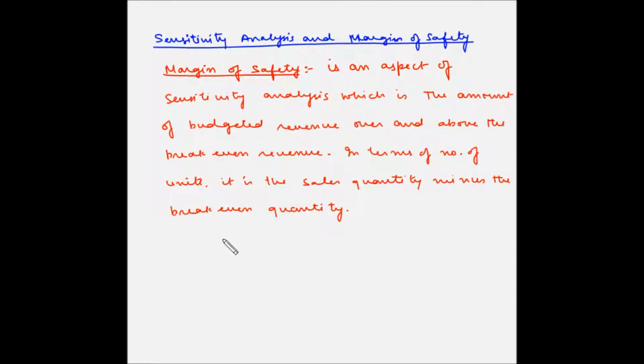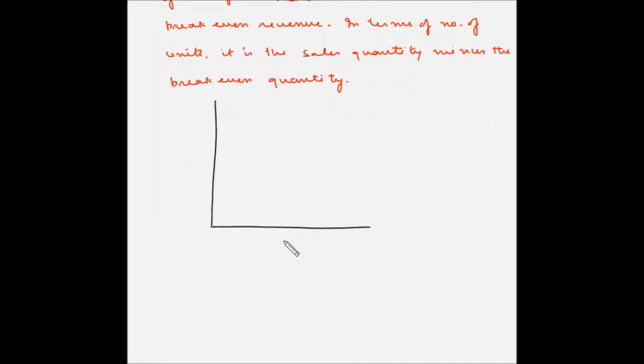Let us understand margin of safety using the graph for break-even point analysis. So this is the x-axis, which has the units sold, and this is the y-axis, which has the dollar amounts.